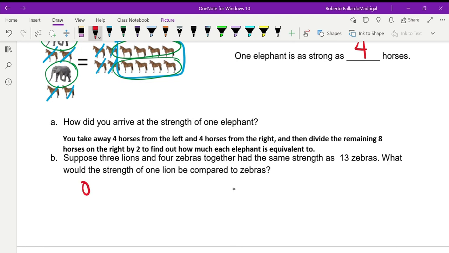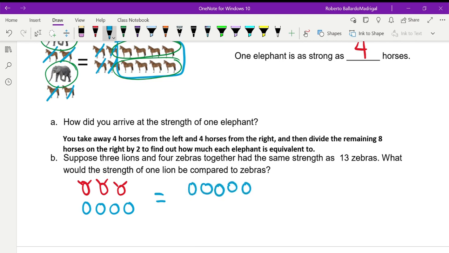Like in red, like let's say this is a lion. We're saying 3 lions and 4 zebras are the same as 13 zebras. So it's 1, 2, 3, 4, 5, 6, 7, 8, 9, 10, 11, 12, 13.